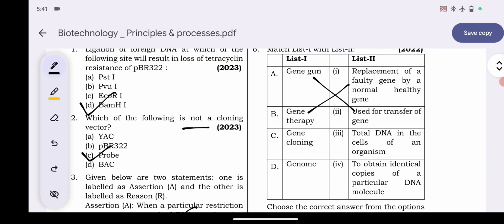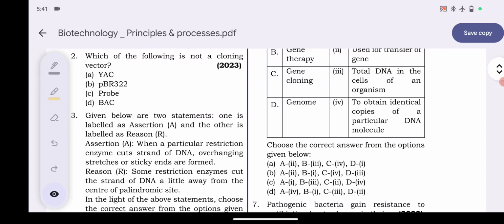That came in point 1 first. Then gene cloning is to obtain identical copies of a particular DNA molecule, and genome is the total DNA in the cell of an organism. So according to this, option number 2nd, 1st, 4th and 3rd. Option number B will be your answer.